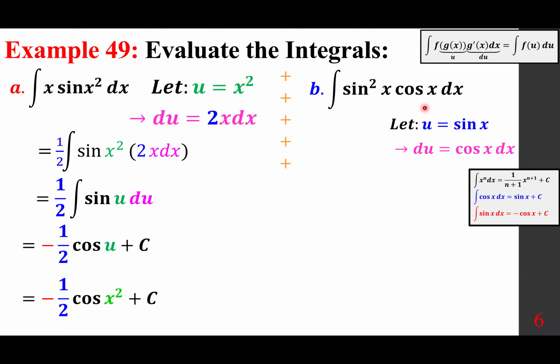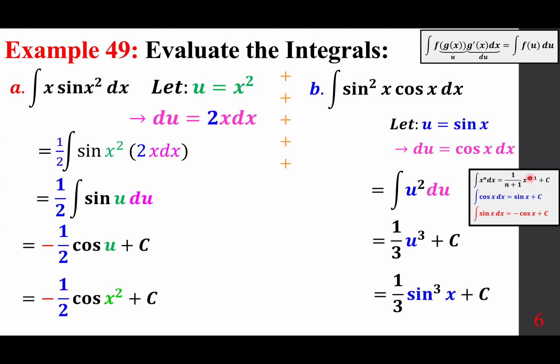So you end up with either just one cosine, like cosine x, or one sine, because the derivative of sine is cosine. The derivative of cosine is negative sine. It's not a big deal that it's negative. So having said that, we are dealing with the integral of u squared du using the power rule, 1/3 u cubed plus a constant. Reversing the substitution gives us the idea. 1/3 sine cubed x plus a constant.